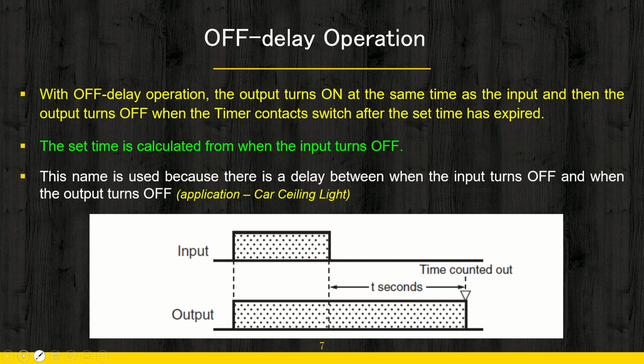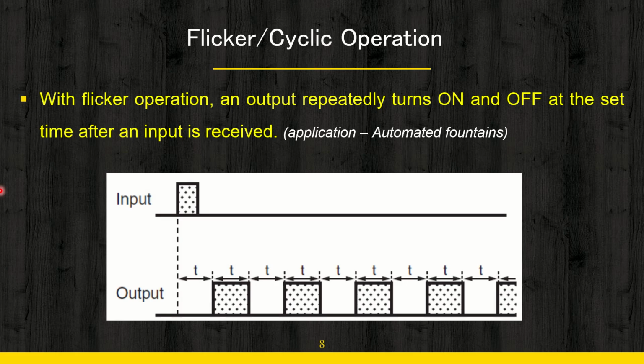Next, let us go for flicker or cyclic operation. You can see very easily that once the input trigger is there, then the output automatically gets turned on and off, on and off, on and off for a preset duration.